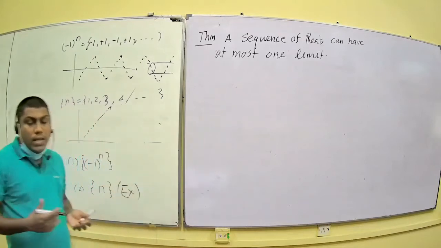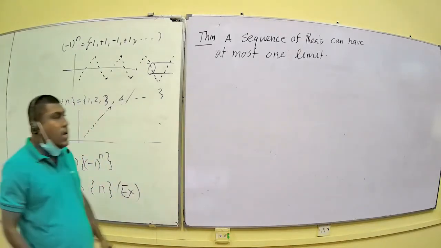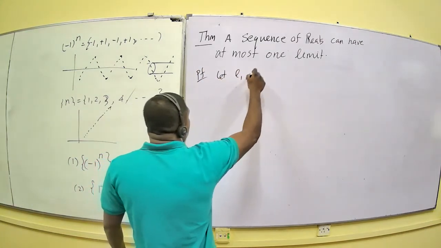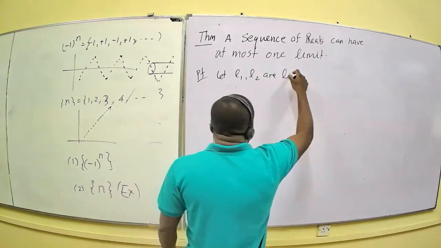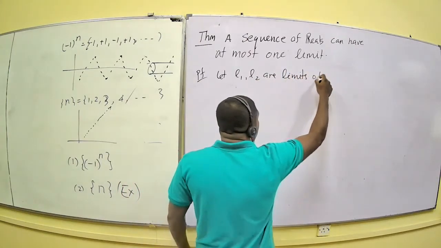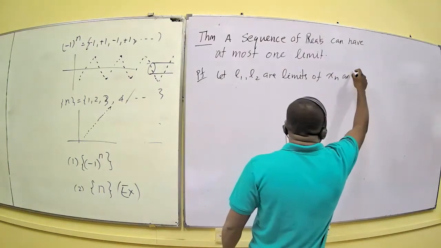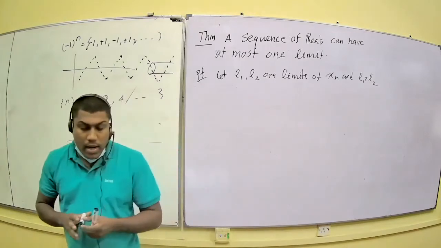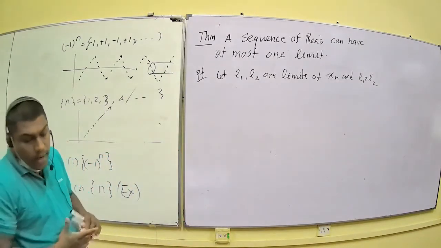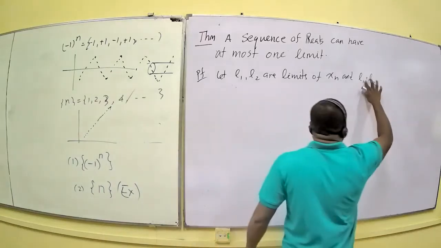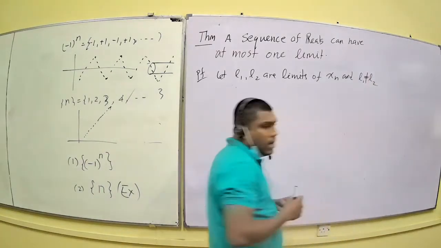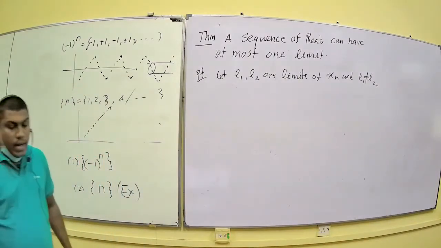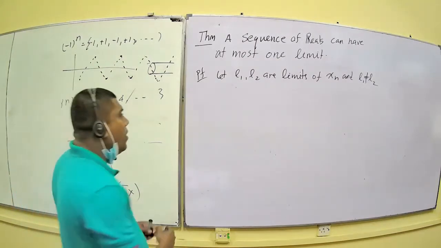Again, if you want to show there is exactly one limit, let us say there are two limits, L1 and L2, and you assume that L1 and L2 are not equal.